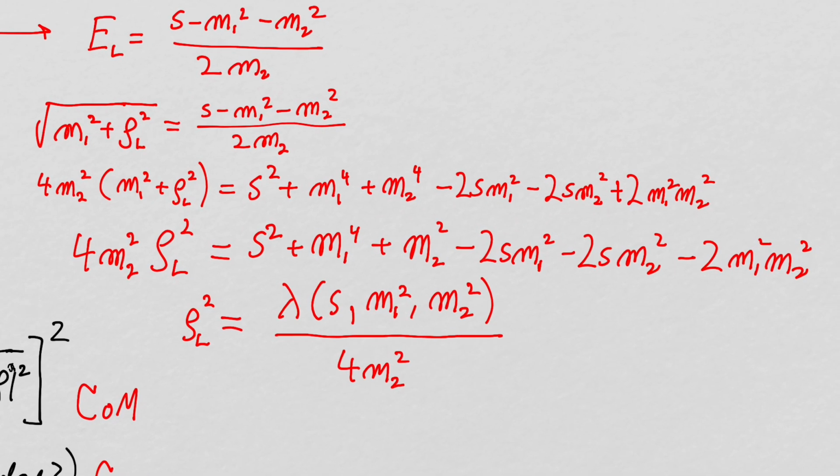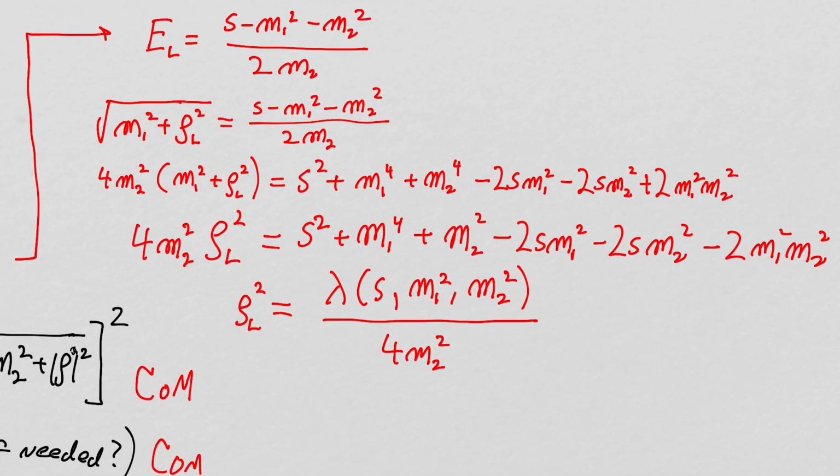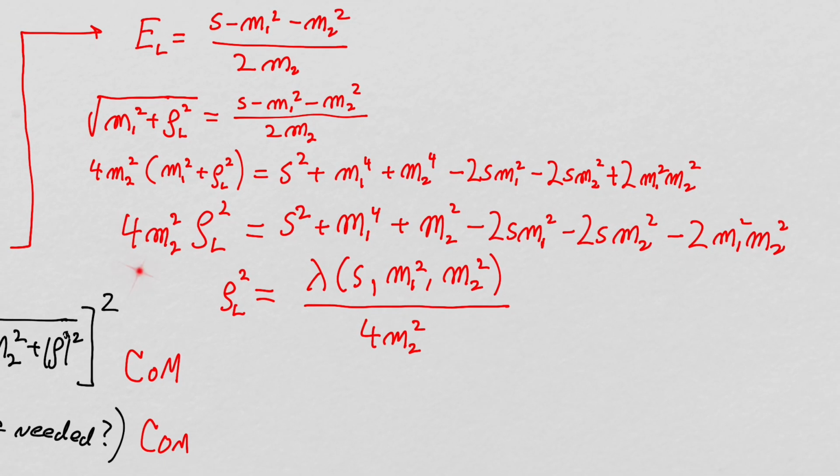And this is looking almost like a lambda. If it wasn't for that plus sign, you have all the cross terms, you have all the squares of these things squared. But you have a plus sign there. But interestingly, you have a 4m2 squared m1 squared, which when you bring over to the right side is going to cancel that and bring in a minus sign. So you have 4m2 squared rho.